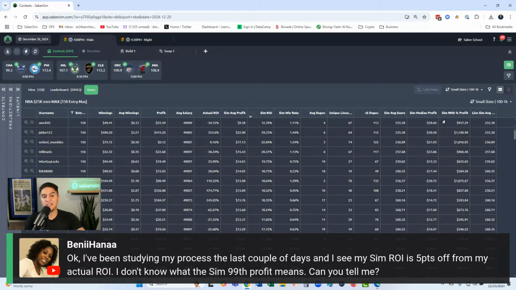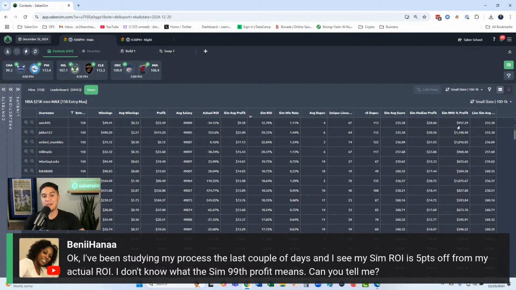And then the other thing is your sim 99th profit. So effectively what we do is we run the actual lineups in the contest through the slate 100,000 times. For every player, we effectively get a payout distribution. The same way we have player distributions with the graph, you get that for your lineups, for your outcomes.